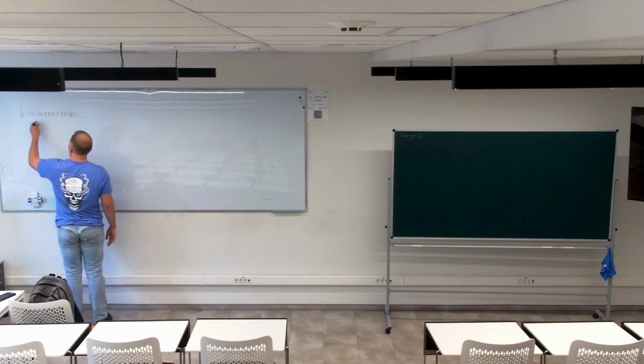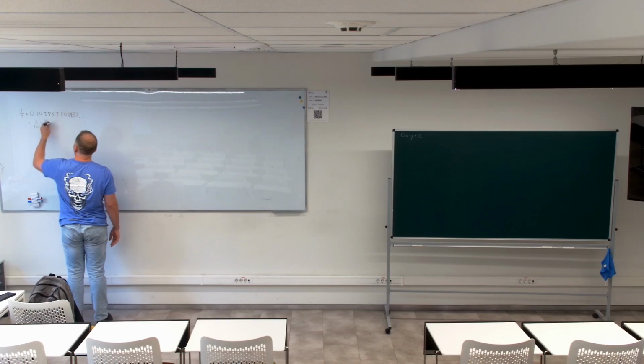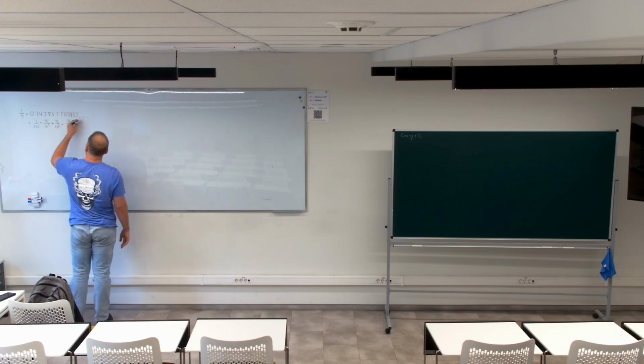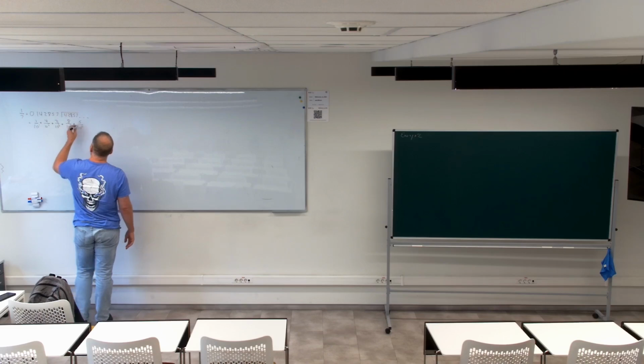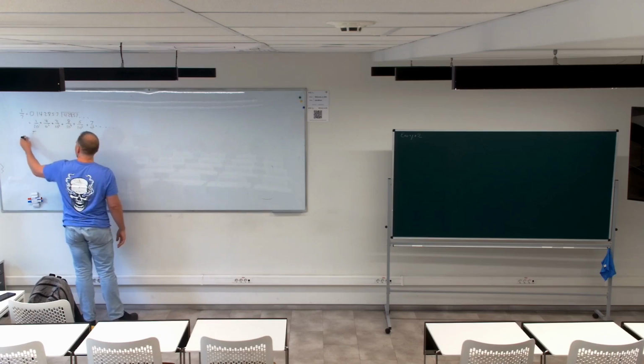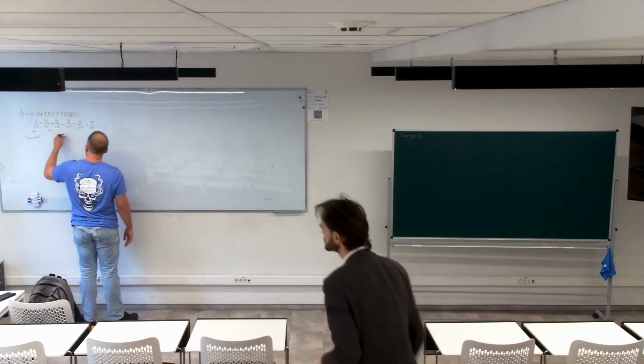And then you have 4 divided by 10 squared, plus 2 divided by 10 cubed, plus 8 divided by 10 to the 4th, plus 5 divided by 10 to the 5th, plus 7 divided by 10 to the 6th, and so on. Right, so this is, at least in the US, the tens place. This would be the hundreds place.